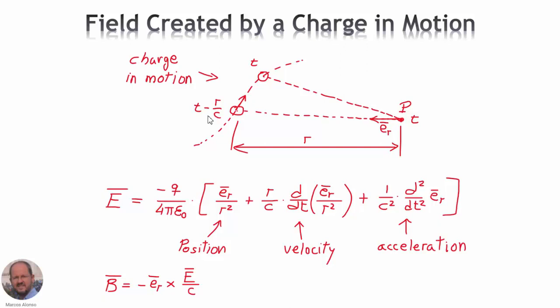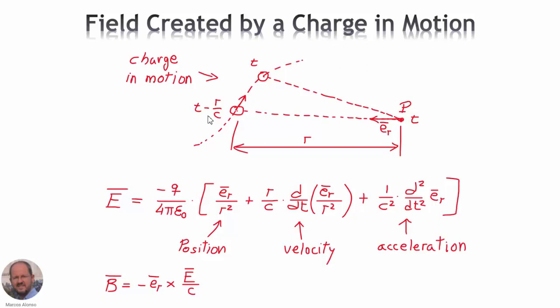In fact, it is impossible for us to know at a given instant t where the particle is at this same instant, because we need a time to get the information from the particle to our point P. This is something that we can understand, for example, in the case of the Sun.